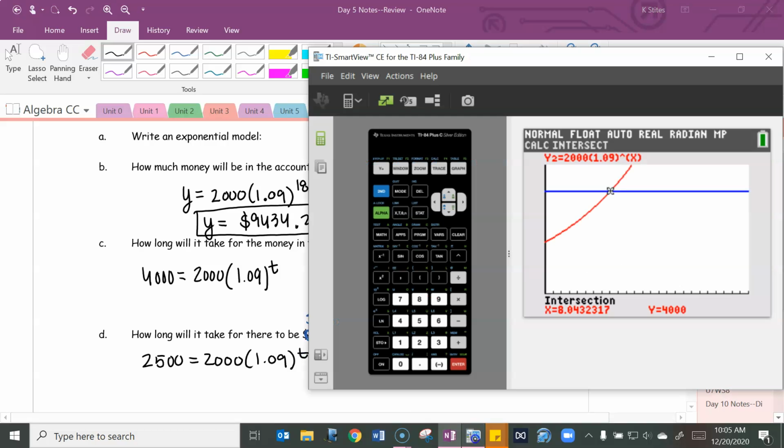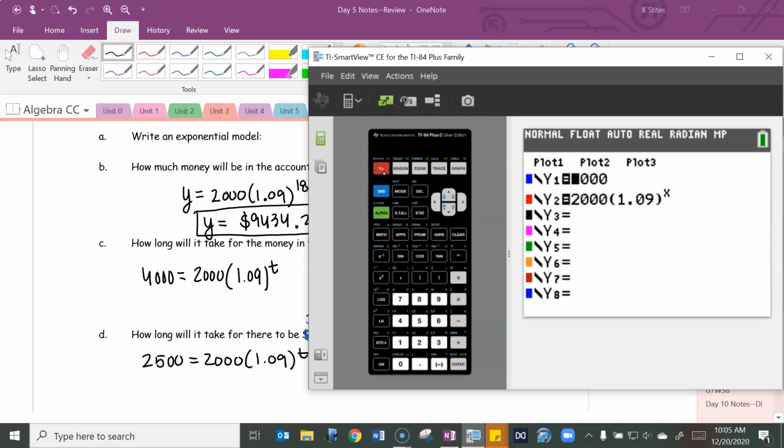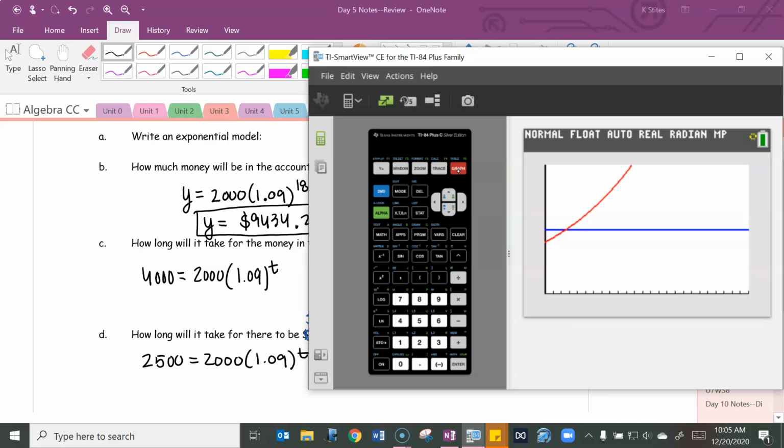Okay, and this is another graphing one. Go back to your y equals, just replace that 4,000 with 2,500, and you can go ahead and press graph. And you should get a very similar picture.